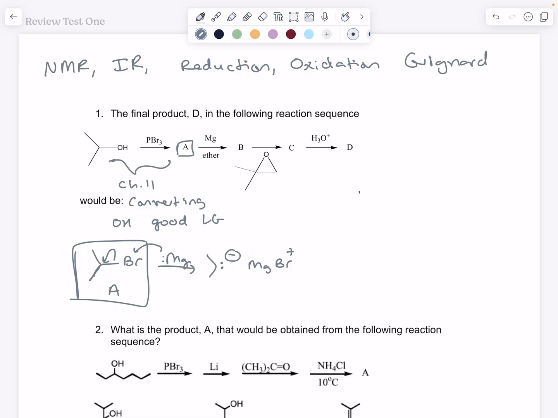That's not exactly the mechanism, but it basically gets us to our Grignard reagent, which is MgBr, but it acts more like an ionic bond, and it makes that salt, where the carbon is negative and the MgBr is positive. So that is B.